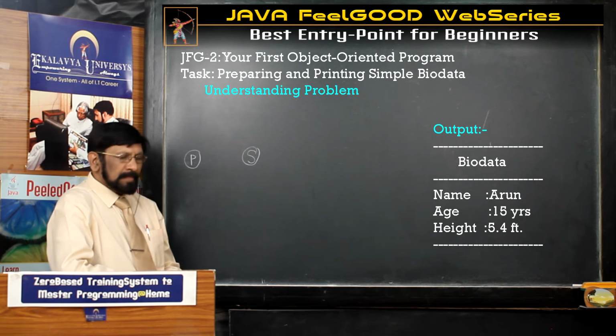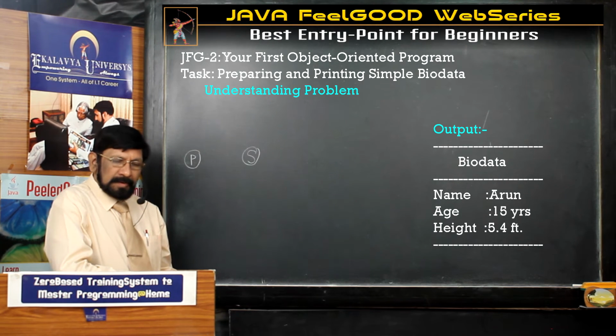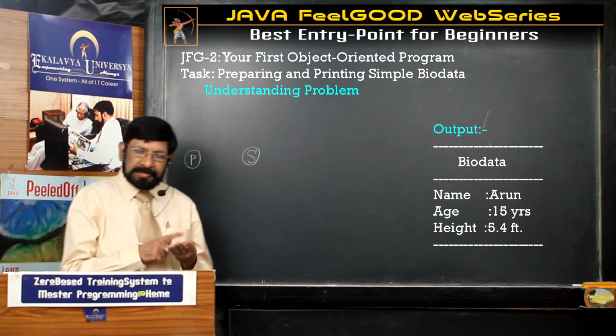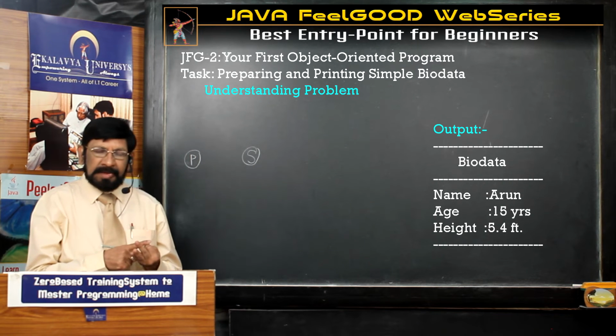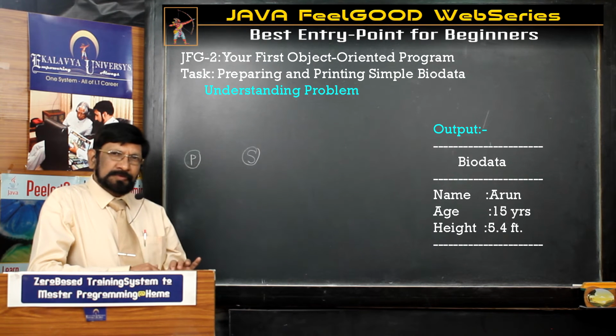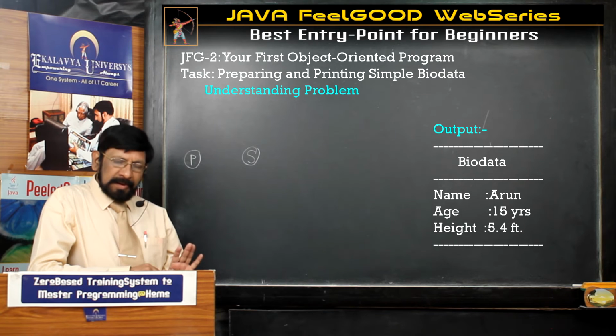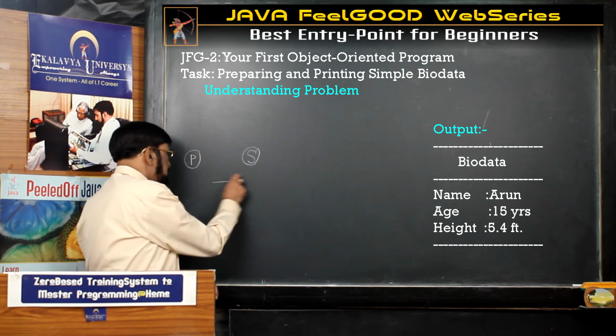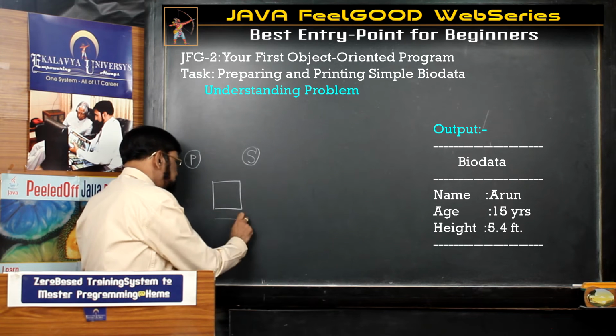Okay. Now come to this. Here you have to produce 3 items: one is name, second one is age, third one is height. For that purpose, 3 variables you have to create. The 3 variables I already explained to you in training session 1.